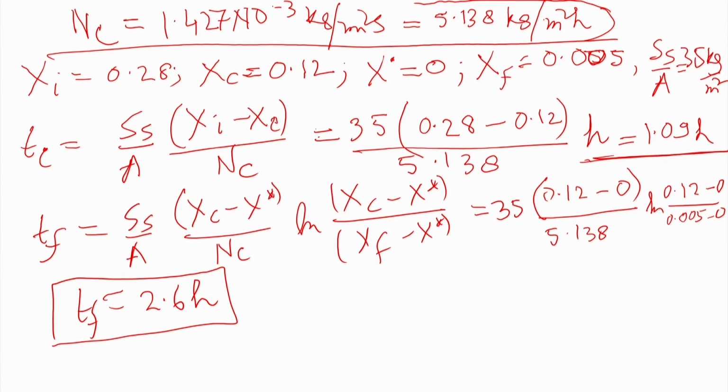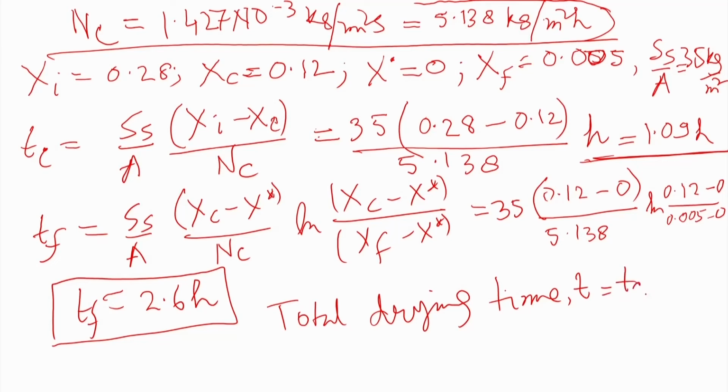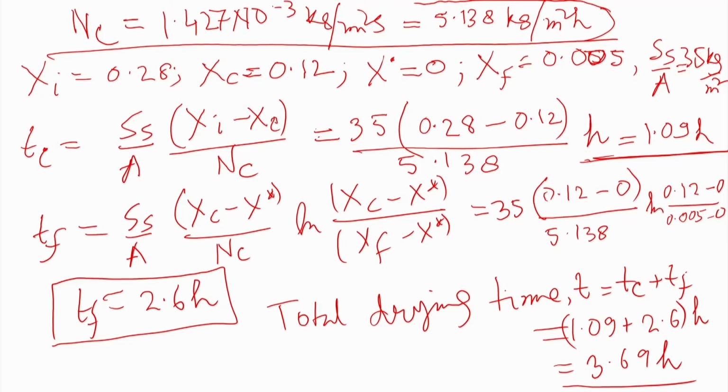So, total drying time, we can say, T is equal to Tc plus Tf, that is equal to 1.09 plus 2.6 hour, that is nothing but 3.69 hour. So, here you see the time required in the falling rate period is more than 2 times that of the constant drying period.